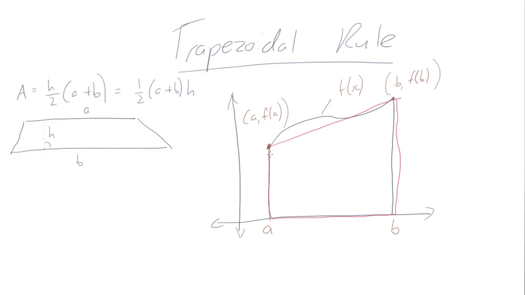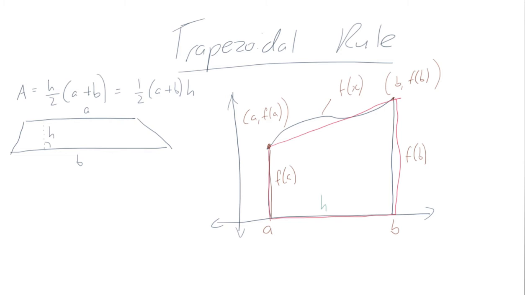That means that this distance here, going from 0 to a height of f of A, is f of A. Similarly, this here is f of B. The distance here is B minus A. We're going to just express it as h to make life a little bit easier.